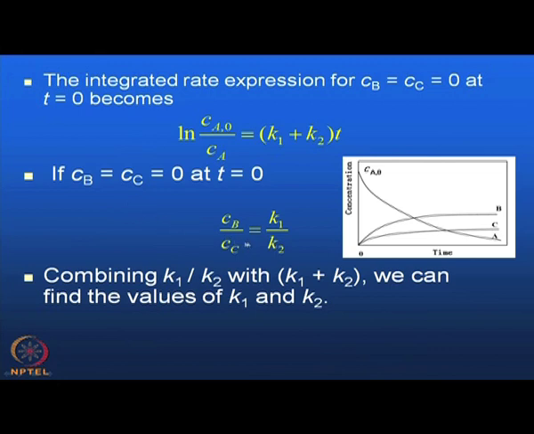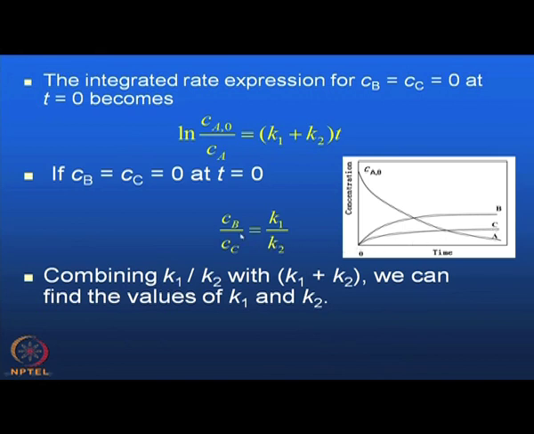Okay. So, if we plot, then it is like this. Ca0 is the starting concentration, it is depleting to give you some A. So, A is reducing with time, and B and C are exponentially rising. Whether this will be produced in larger proportion or that will be produced in larger proportion is decided by their relative rate constants, that is, the magnitude of K1 and K2.